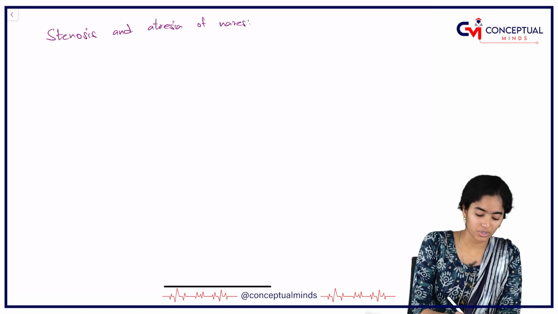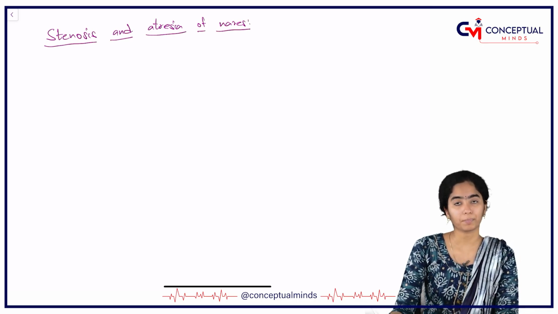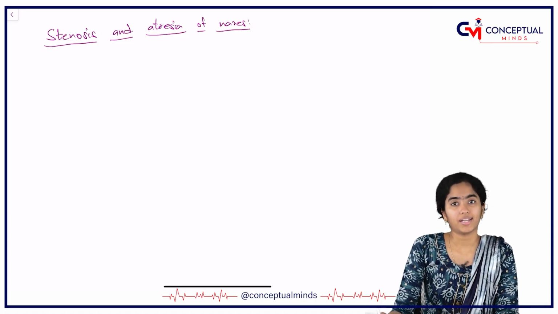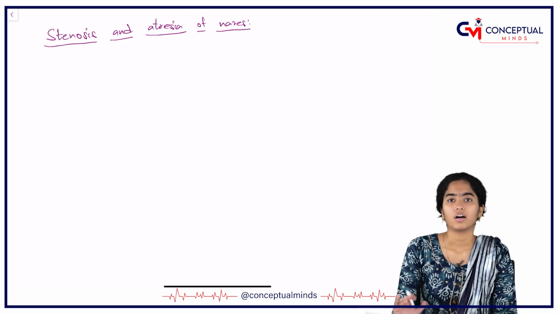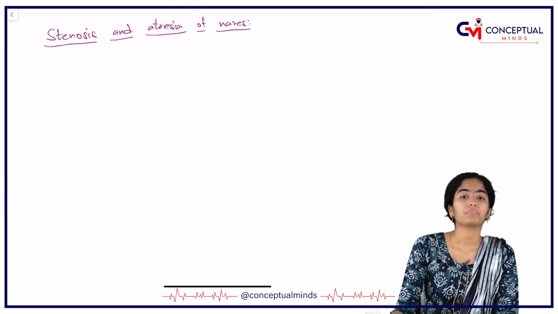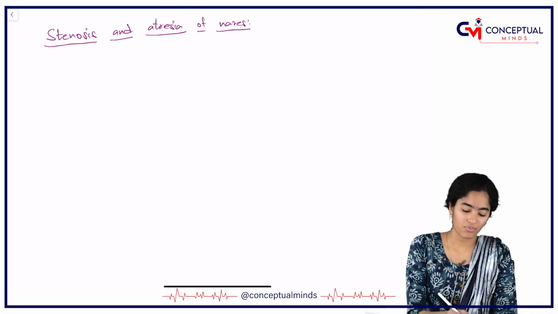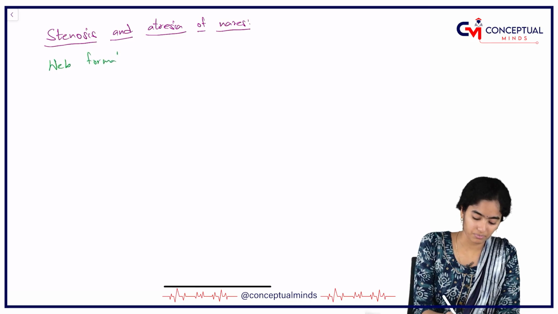I am talking about the external nares here, because we are still discussing the external nose. Choanal atresia is a different condition, where the internal choanae are closed. Here in stenosis and atresia, you have to remember that a web is formed. Web formation occurs.